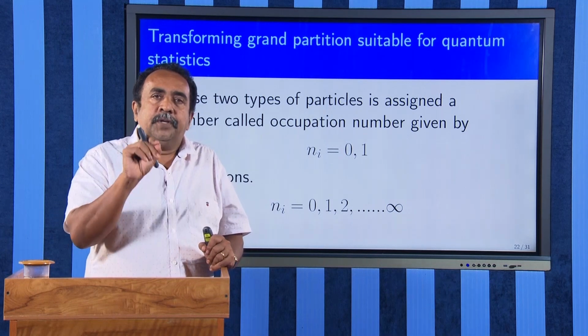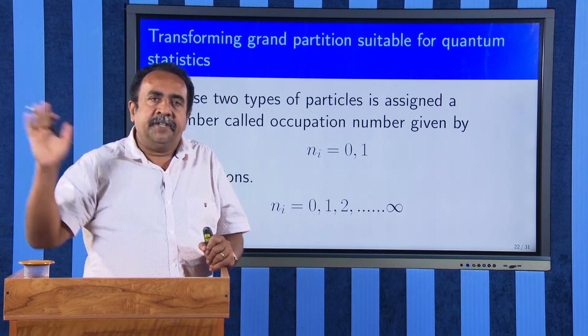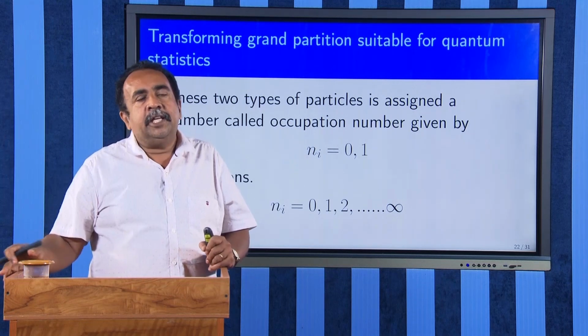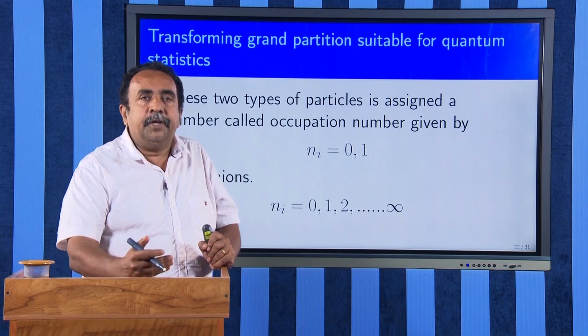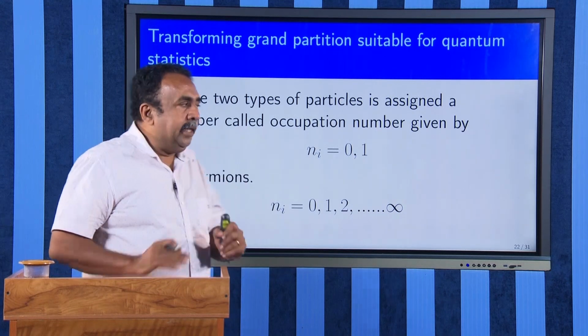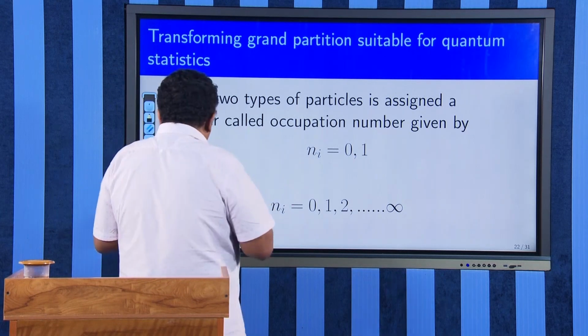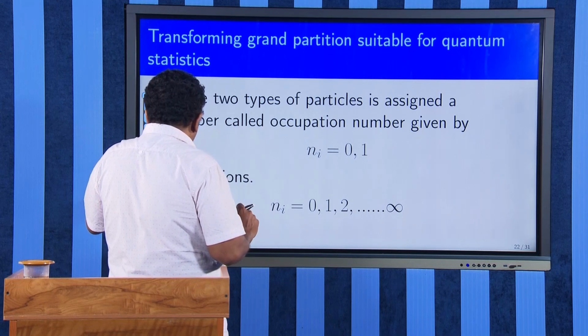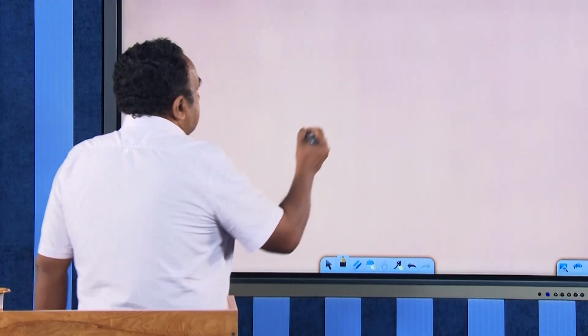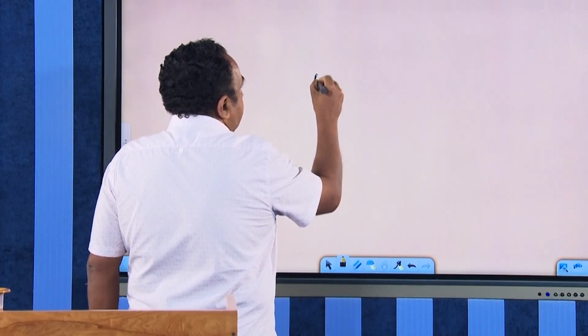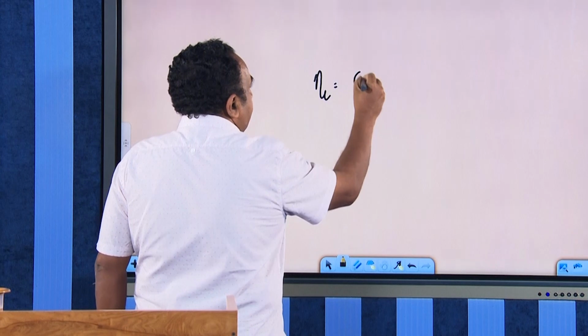For a boson, Ni will be equal to 0, 1, 2, 3, etc., up to infinity. Any value for Ni is possible. Such values we attribute to bosons and fermions, and then these values are put back into our classical statistical mechanics. For example, in the case of fermions, Ni is 0 or 1.